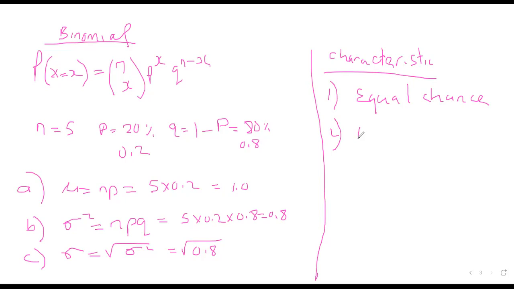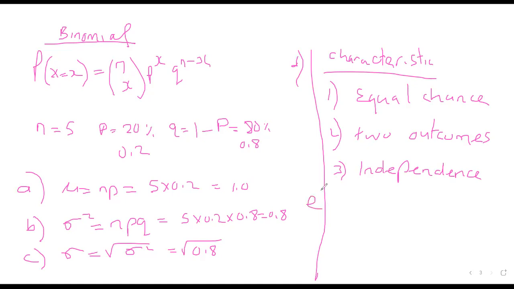That's called binomial, there are two outcomes. Number three, they occur independently. There's what we call independent occurrence. So this is your part D.